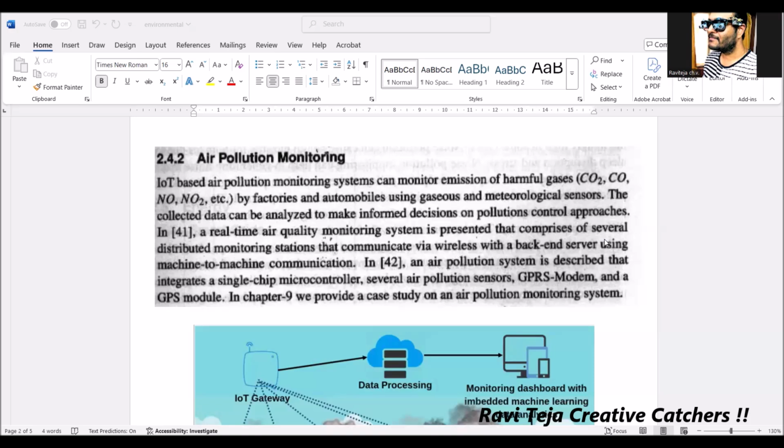Okay, so in order to monitor all these things, we have different types of sensors which can collect the data, analyze the data, and also tell you how much the air got polluted in that particular area. Everything can be monitored with the help of this particular IoT device.